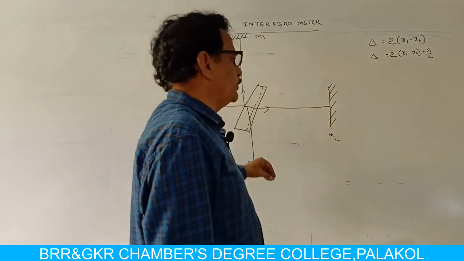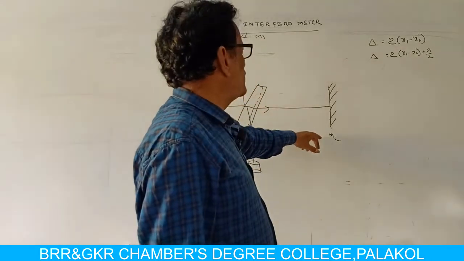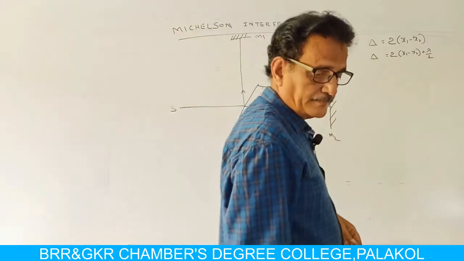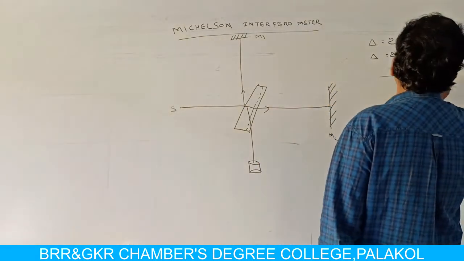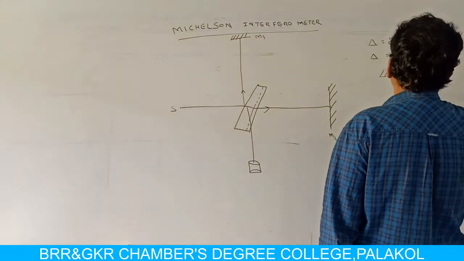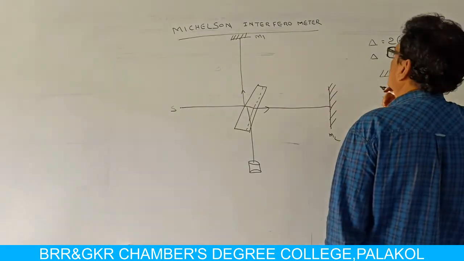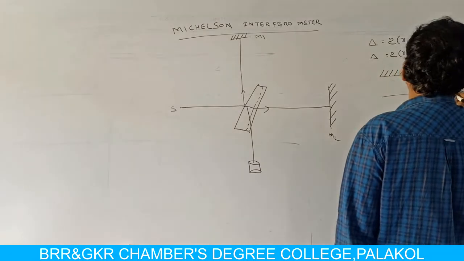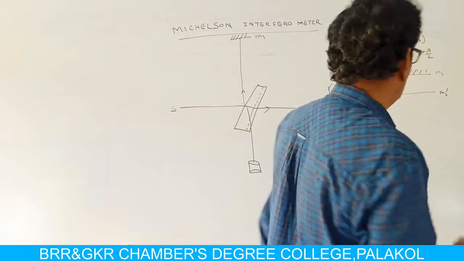When we view this pattern in the telescope, we can observe the virtual image of the mirror M2 like this. Here this is M1 and this is M2 dash.